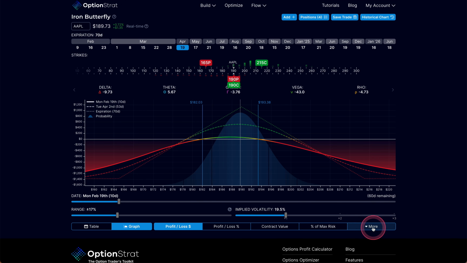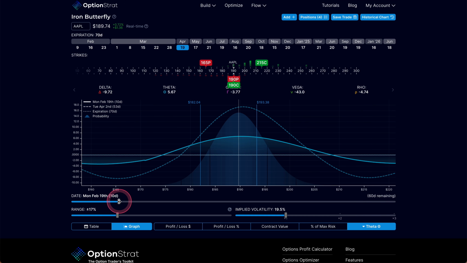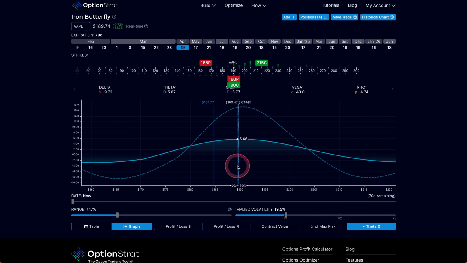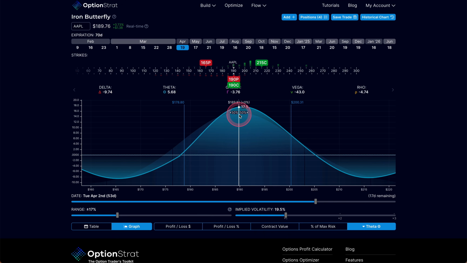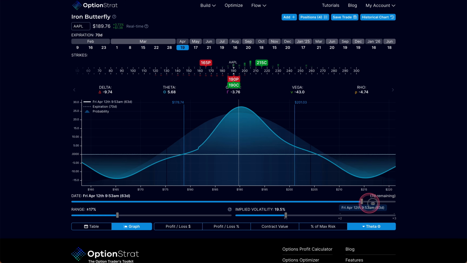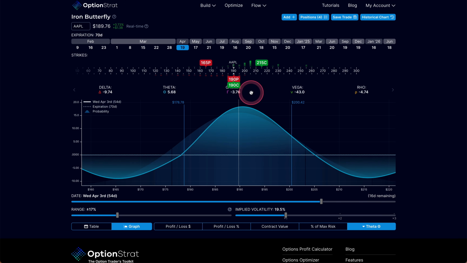And I can look specifically at theta as well. If I take this back to 0 here, I can see that initially theta is dripping in at a rate of $5.67 a day. As we get closer and closer to expiration, the amount of theta that comes in on a daily basis accelerates and increases on this trade. So that's what we're looking for. That's what we want to understand, is how that theta changes over time.